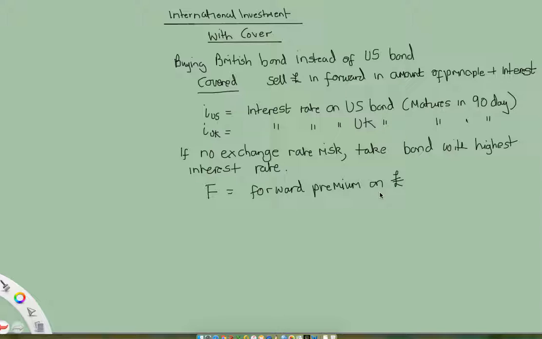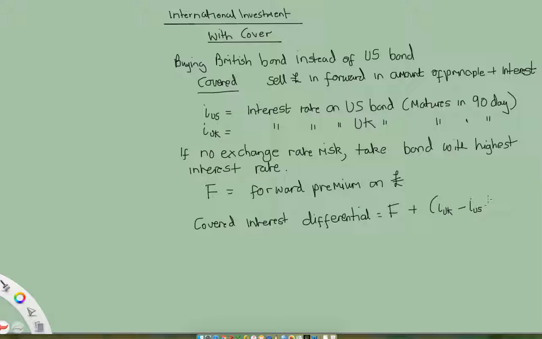So the rule on this is we have a covered interest differential, which is equal to the forward premium on the pound plus the UK interest rate minus the US interest rate.